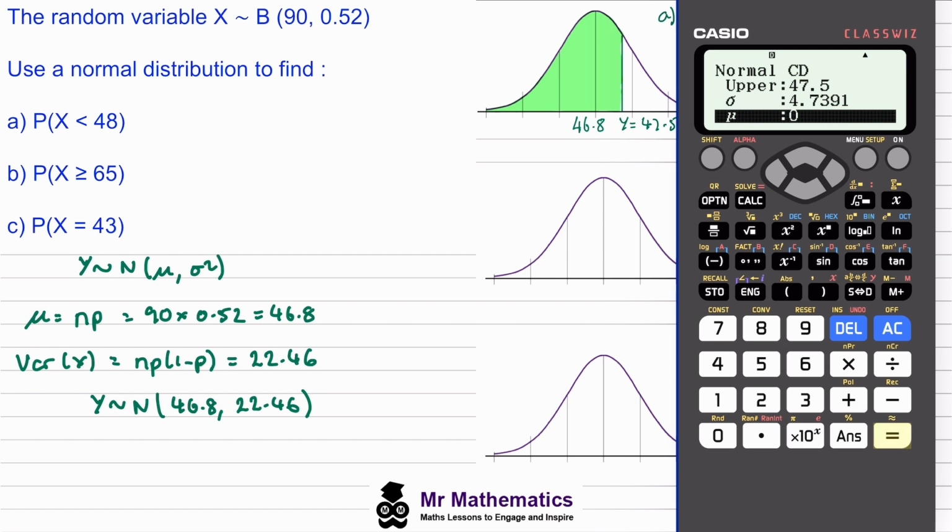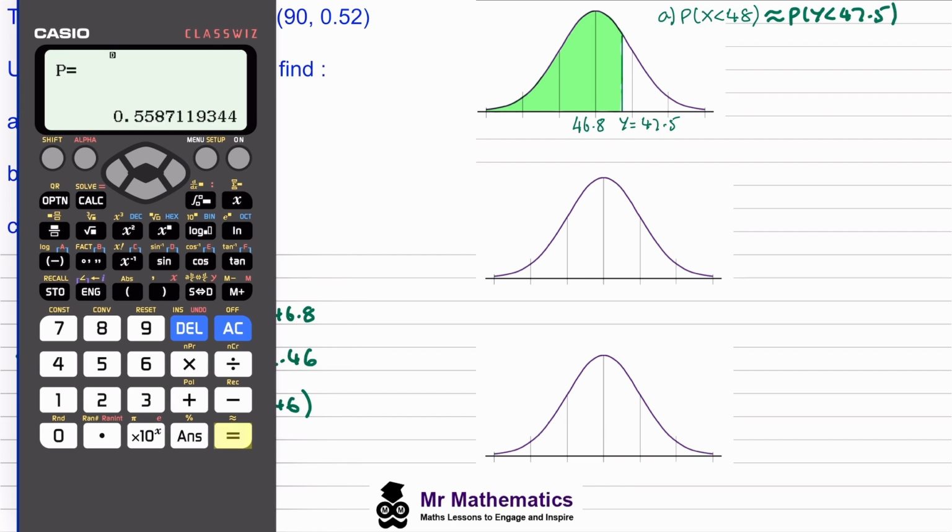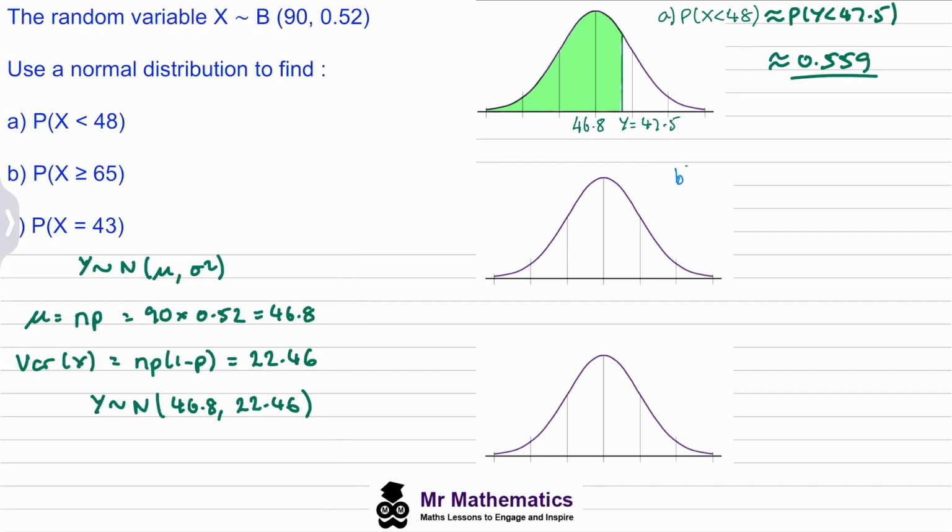And we know mu is the mean, which is 46.8. So we can work this out, and we get approximately 0.559.